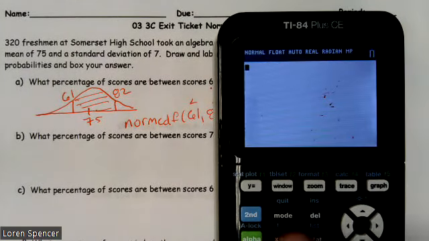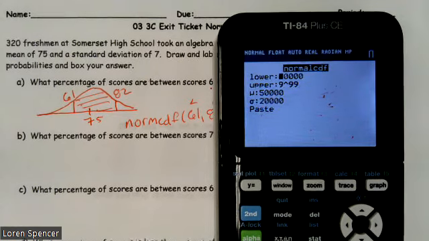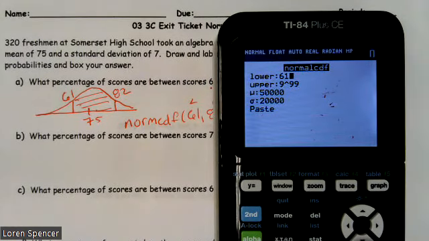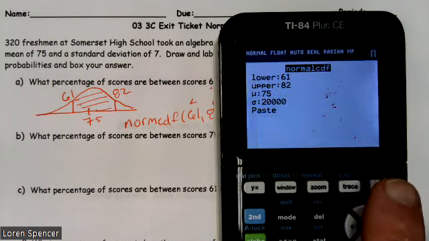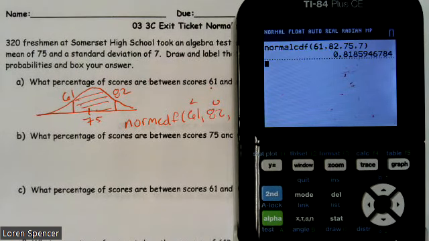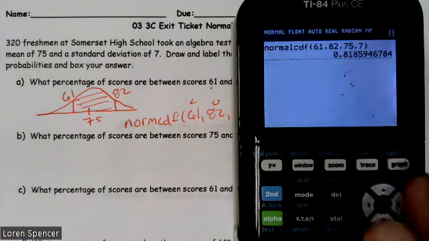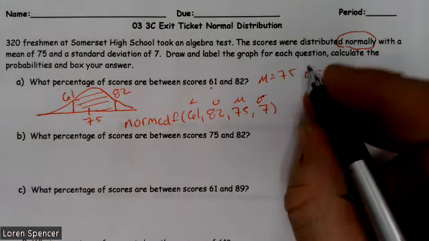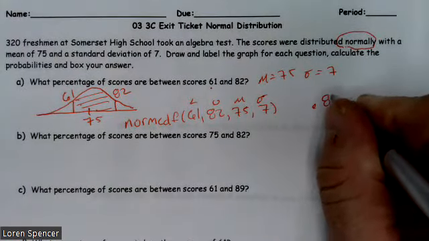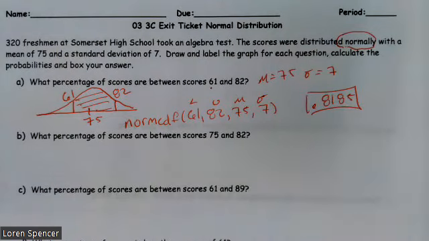Second vars, normal CDF, lower 61, upper 82, mean 75, standard deviation 7. When we do that, we find out that about 82%, 0.8185. Box our answer, 4 decimal places, and truncate.